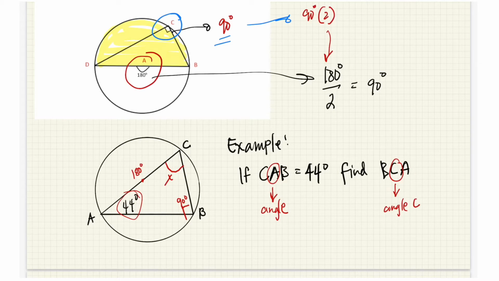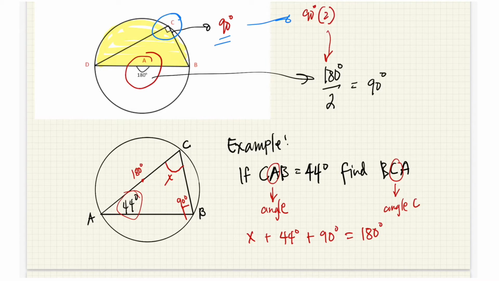Now if you have 90 degrees, x plus 44 degrees plus 90 degrees is equal to 180.